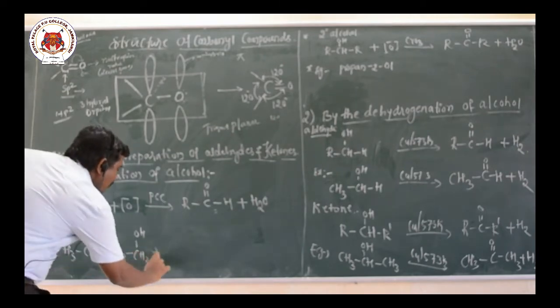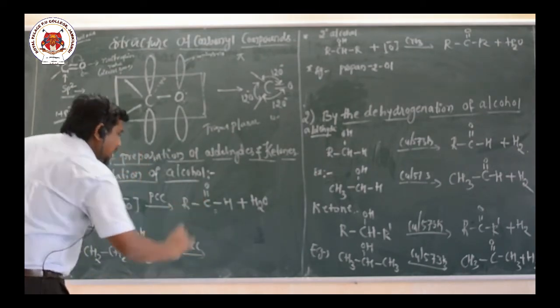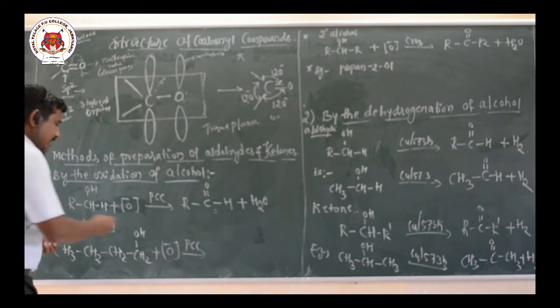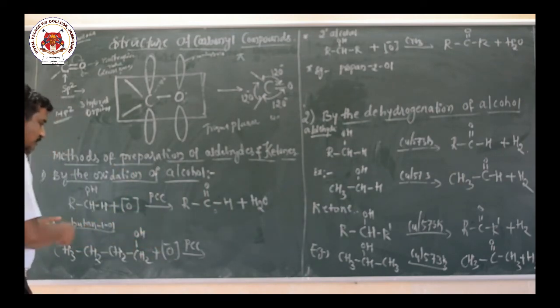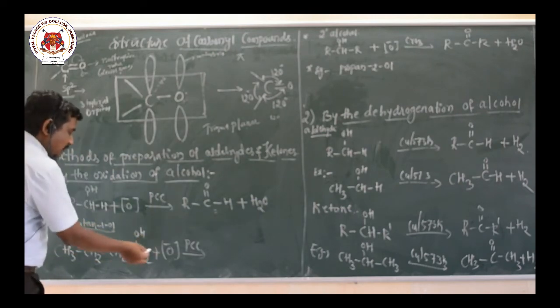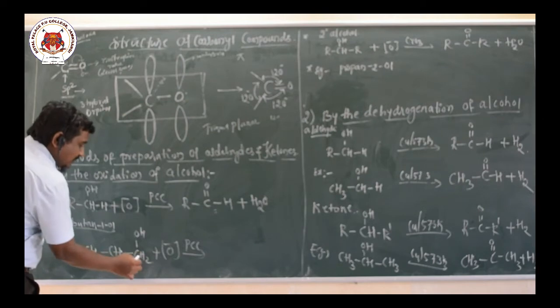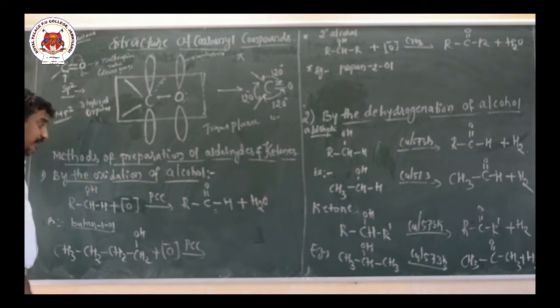This undergoes oxidation in the presence of PCC. This is also an example of a primary alcohol. Now addition of oxygen takes place and removal of H2O. After loss of H2O, the remaining thing is addition of oxygen, that is C double bond O, and the remaining is H. That gives aldehyde.